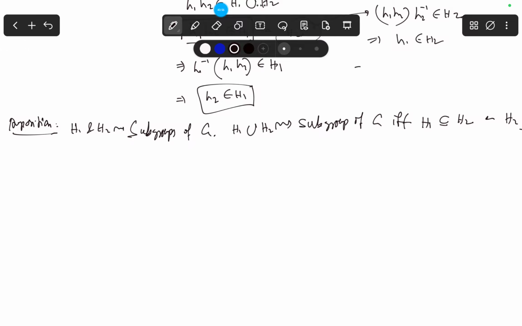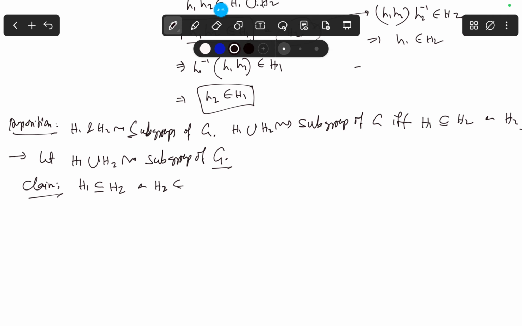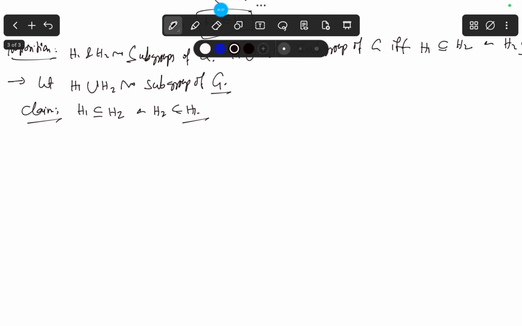So let H1 union H2 be a subgroup of G. Okay. Now let us write that the claim is that either H1 is in H2 or H2 is in H1.